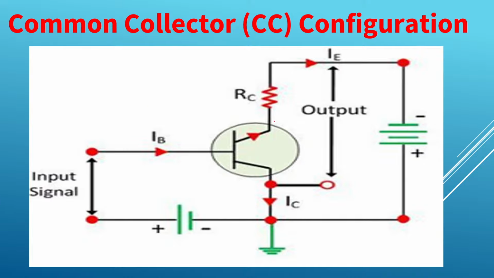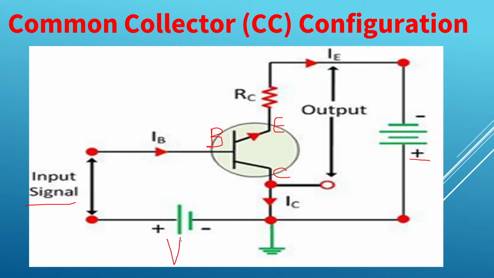So here in this, you can see this is our emitter, this is our base, this is our collector. So here you can see the collector is common to both input as well as output. Okay. So the input voltage is what? Input voltage is not mentioned here.